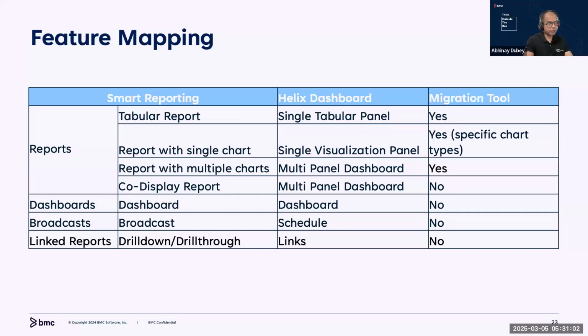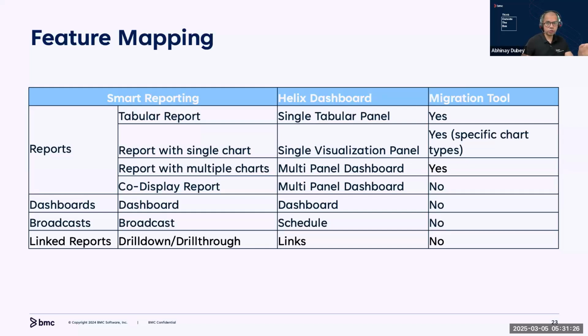But if you look at the Helix dashboard, everything is a dashboard. It can have one or more panels on it. So now you can see a core display report with multiple charts, a dashboard, all of them map to a dashboard on the Helix dashboard side, which has multiple panels on it.